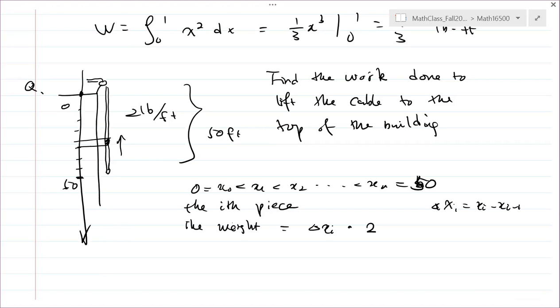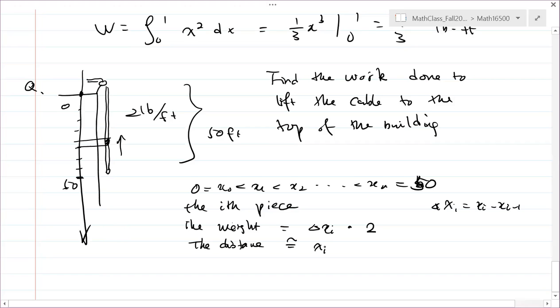If you want to lift that piece to the top, what is the distance it travels? The distance the ice piece has to travel is about xi, right?